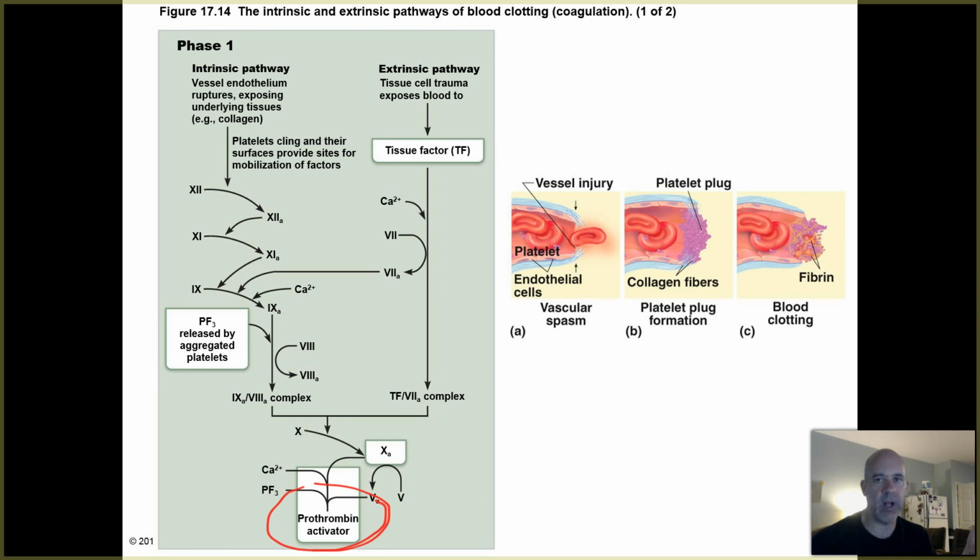And in general, I want you to understand that clotting factors exist in inactive forms in your body fluids, and they become activated by the preceding factor in the pathway. So one gets activated, it activates the next. That activated factor then activates the next. So you have these multi-step processes. I do want you to know that calcium ions play an important role as well.